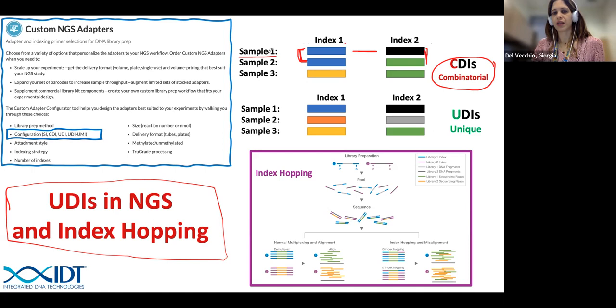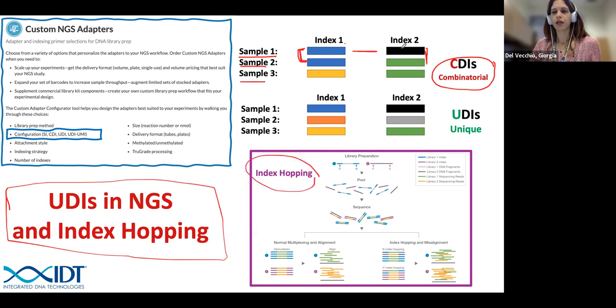So for sample 1, I have blue, black. Sample 2 is blue, green. And sample 3 is yellow, green. So the combination is different. However, if I have any free adapters, so some contamination of free adapters in my final library, I can still have index hopping.